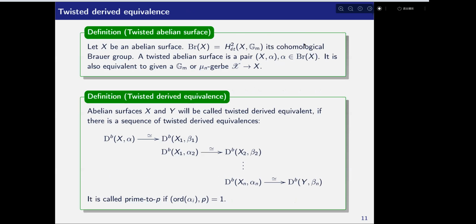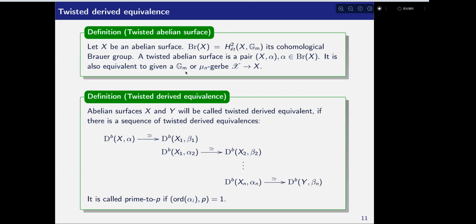So let's define the twisted derived equivalence for abelian surfaces. Here is the definition of a twisted abelian surface. X is an abelian surface, and we consider its cohomological Brauer group, which is basically the second étale cohomology of G_m. A twisted abelian surface is just a pair X and alpha, where alpha is some Brauer class.